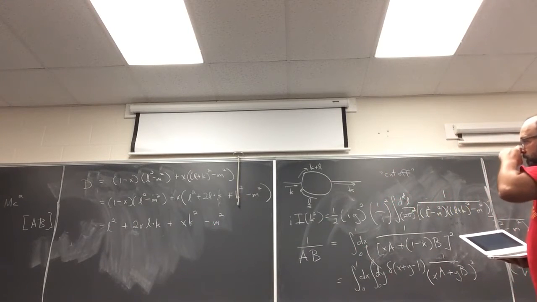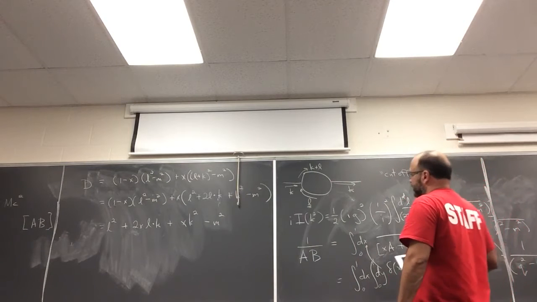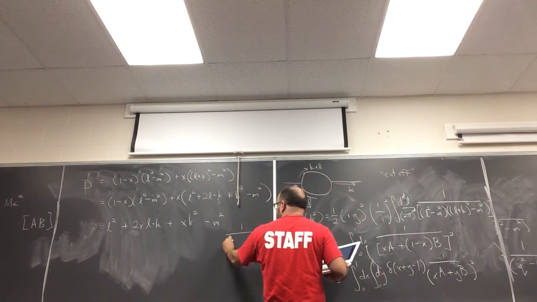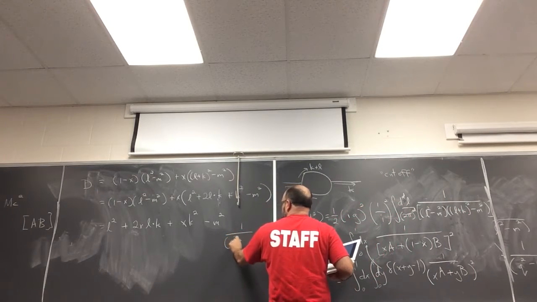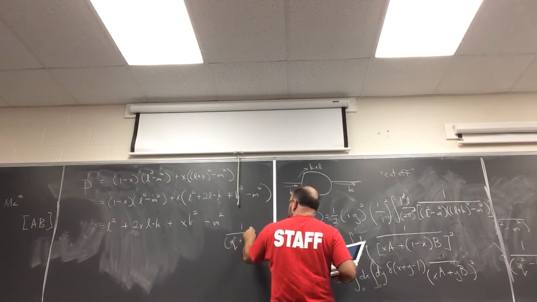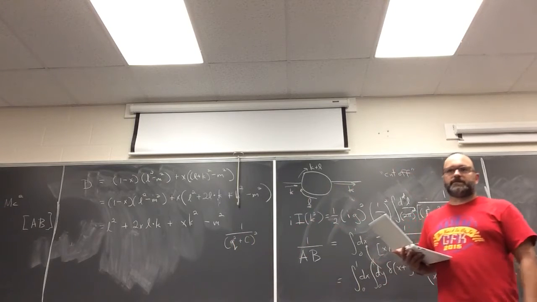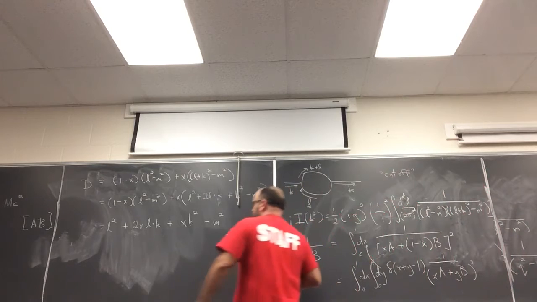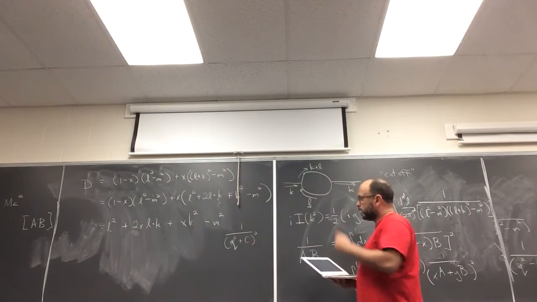So here comes the trick. We want something of the form some momentum, let's call it Q, squared, plus some constant. We want something that's spherically symmetric. So we want to complete the square on this term.